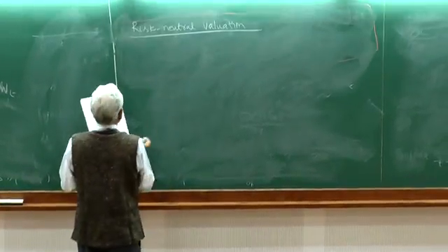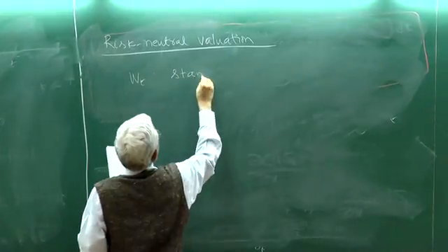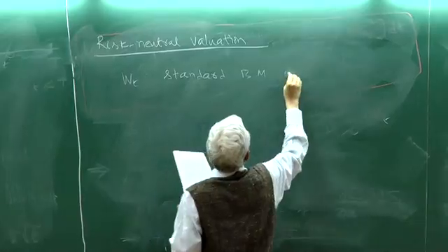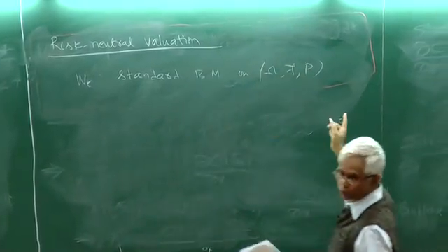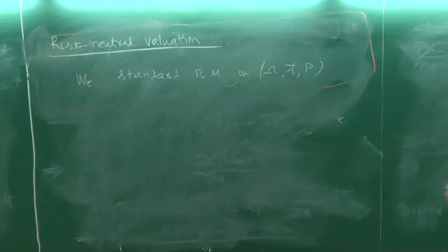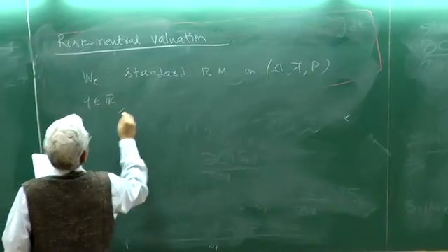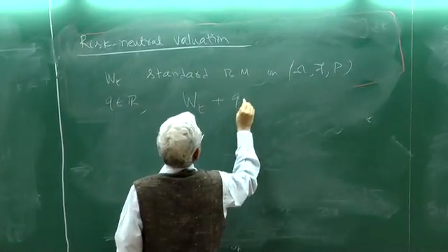So suppose W_t is a standard Brownian motion on (Omega, F, P). This is a standard Brownian motion, right? Now suppose q is some real number, then you perturb this by qt.